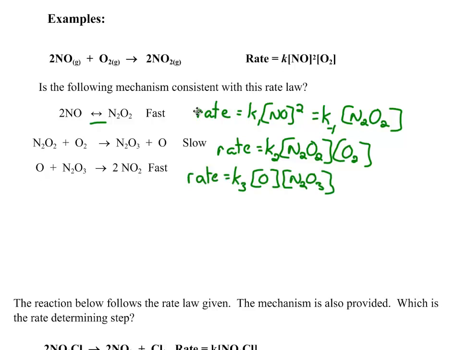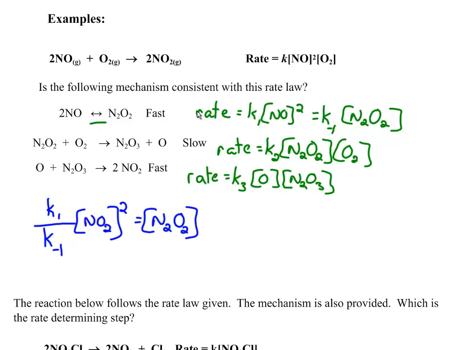N2O3 and N2O2 and O are all intermediates. In my rate determining step, I have N2O2. I need to get rid of it. So the other place that occurs is in my reversible reaction. So what I'm going to do is write the rate law for that first reaction in terms of the concentration of N2O2 and see if I can do some substituting.